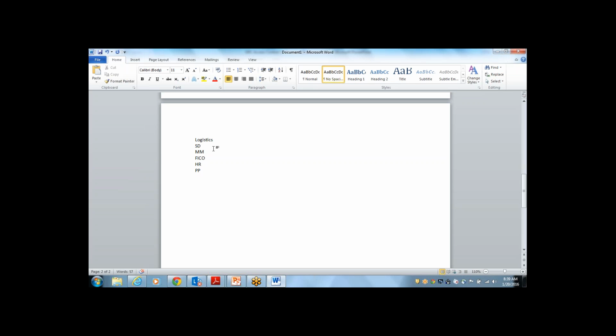These are all sub modules of the OTC business process. If you take RTC, requisition to cash, that is MM. In MM we have warehouse management, extended warehouse management (EWM), WM, and normal basic MM.